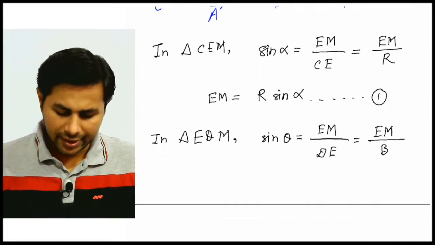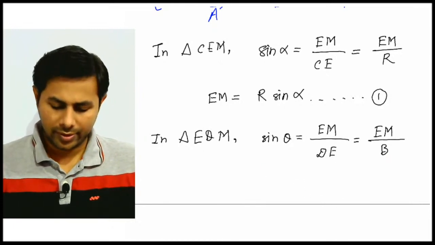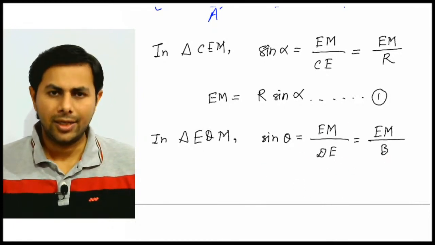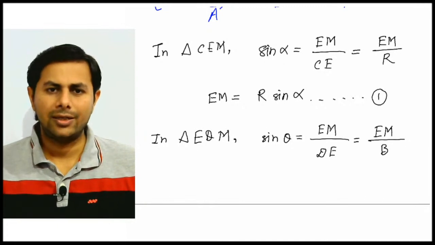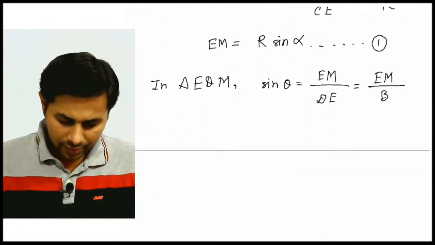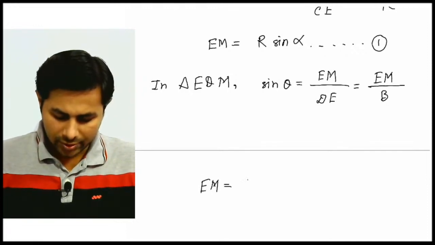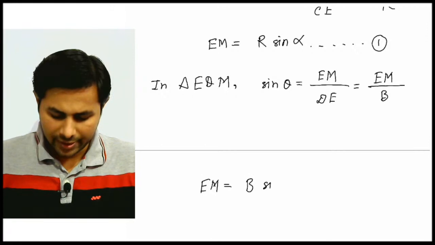I can rearrange this and take B on the other side. From this equation I get EM equals B multiplied by sine of theta.